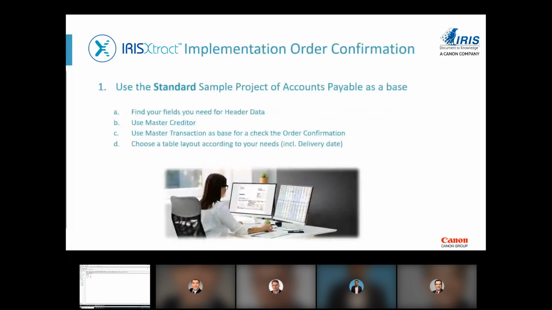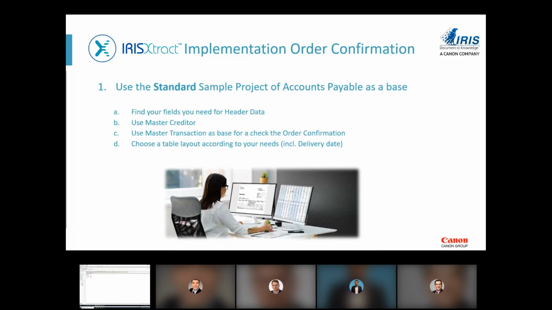So when handling an implementation of order confirmation, we have to go through two steps. At first, it's about using and choosing the available fields of the standard package of the accounts payable sample project, and in addition creating the needed table layout.